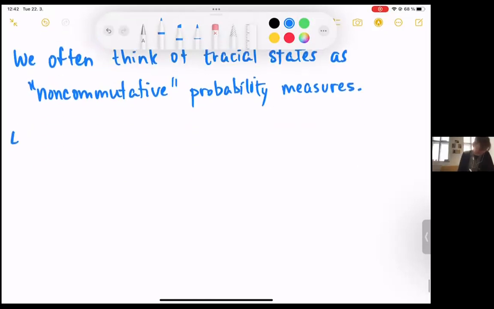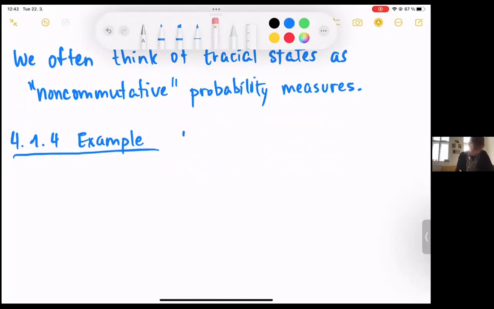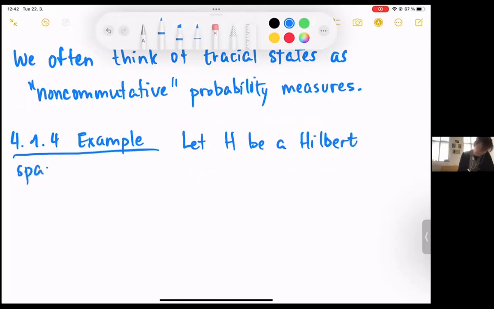Okay, another example. So we saw what happens on finite dimensional Hilbert spaces. Let's see what happens on general Hilbert spaces. Take your favorite Hilbert space, take your favorite bounded operators.